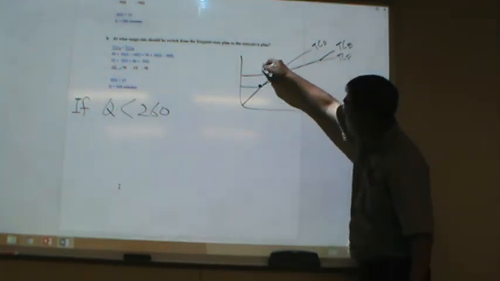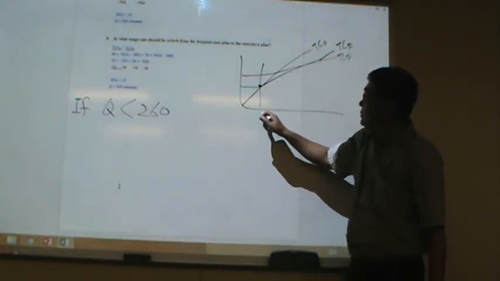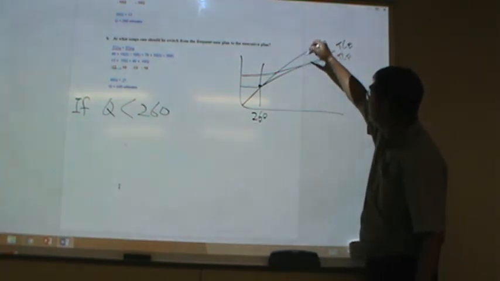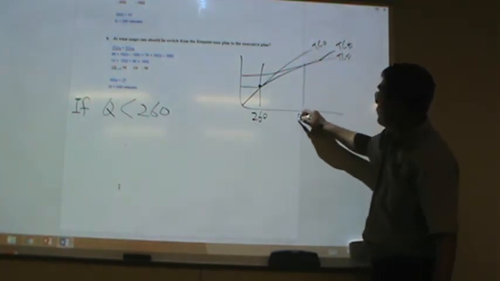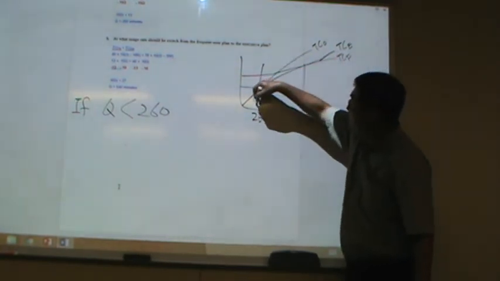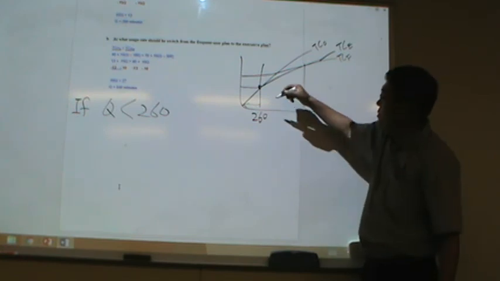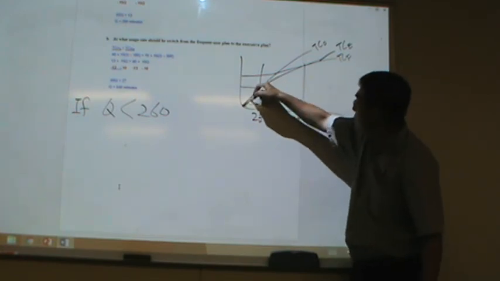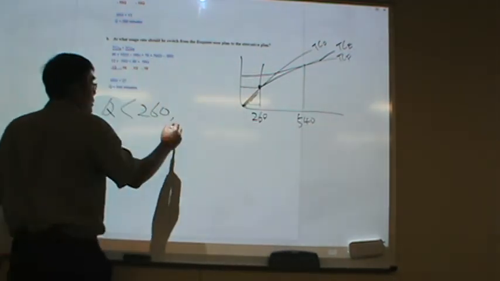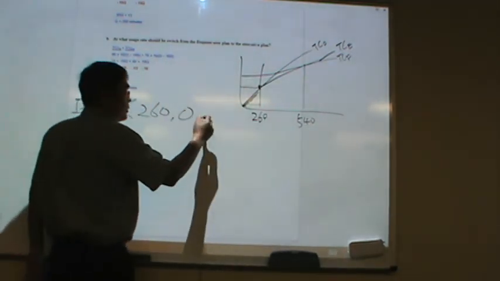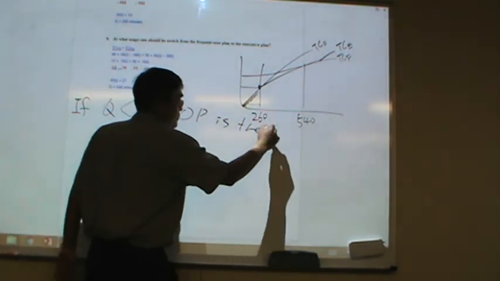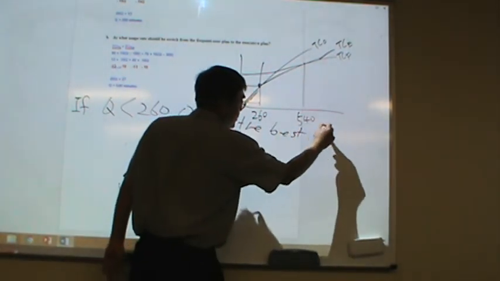So first point, 260. Second point here, 540. First point, less than 260, this one is the best. That is the occasional plan. So the occasional plan is the best option.